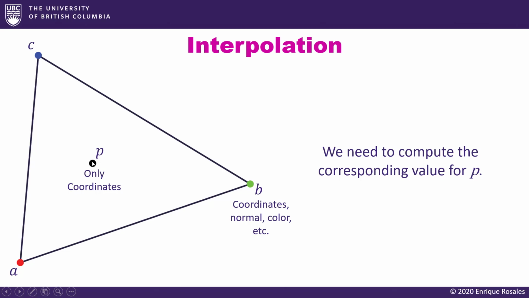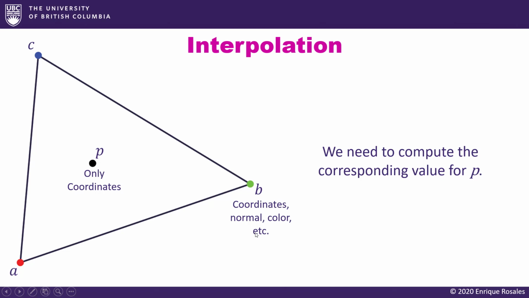Which represents a portion of the triangle that is at exactly the same position as a specific pixel, right? So in this case, the value that I need to compute for P is not its 3D coordinates. I already have that, right? The problem is that for the point P, I only have the coordinates. I don't have color, I don't have normal, right?